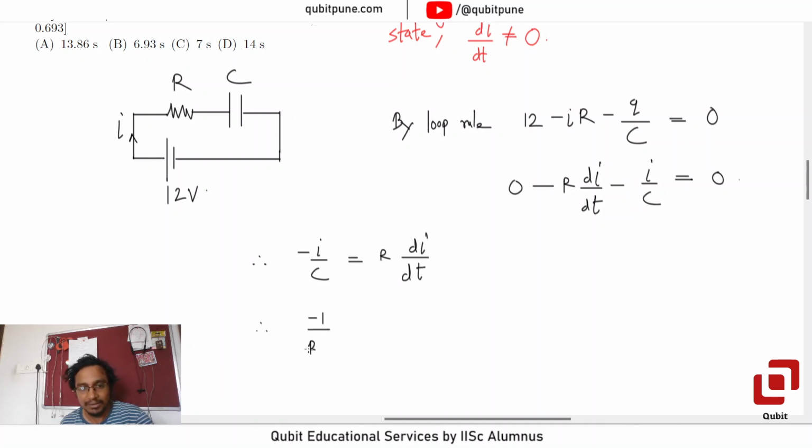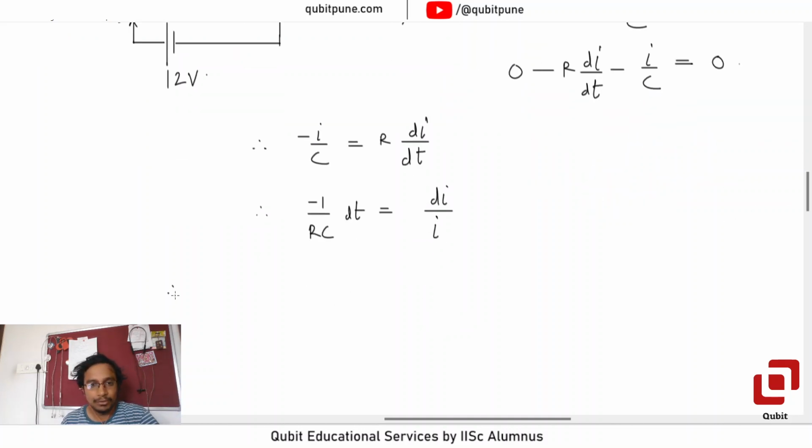Minus 1 upon RC dt is equal to di by I. So ln I is equal to minus t by RC plus c1. I will be equal to A e raised to minus t by RC.